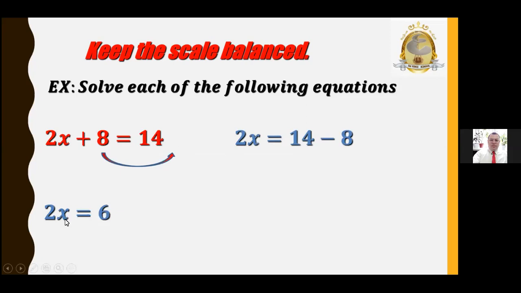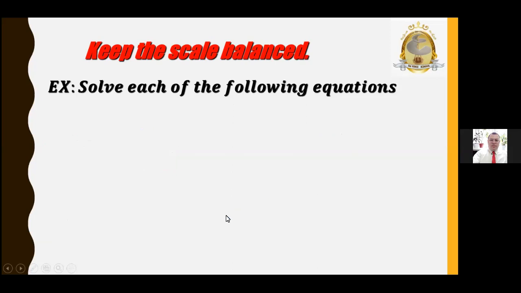The second step, 2x, as we said in the previous slide, is multiplication. Its inverse is division. Then we will divide by 2, moving 2 to the other side in division. Then x equals 6 over 2, then x equals 3. Then the value of the variable x equals 3.